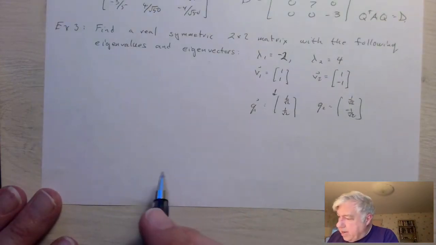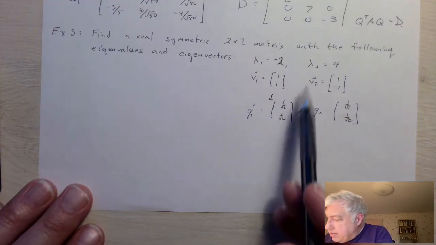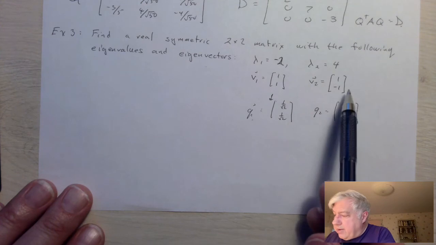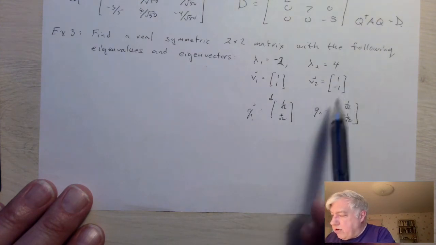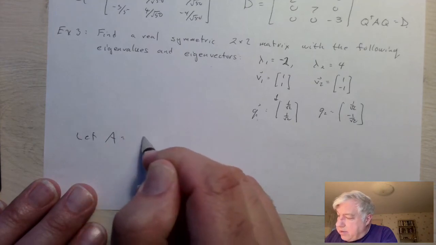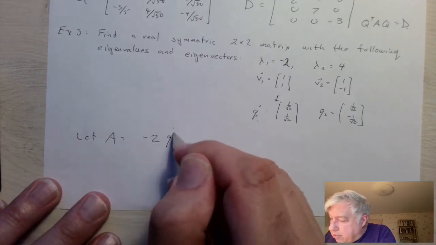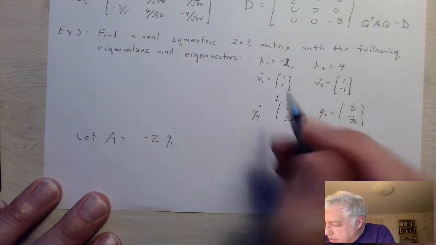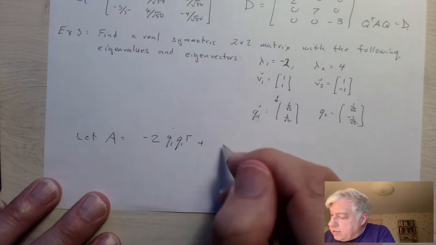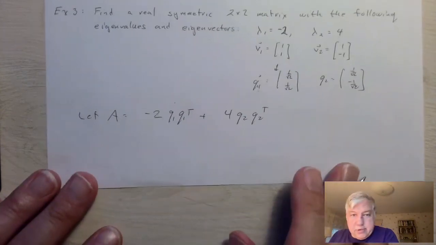And then we can just take A to be negative 2 times Q1 Q1 transpose plus 4 times Q2 Q2 transpose.